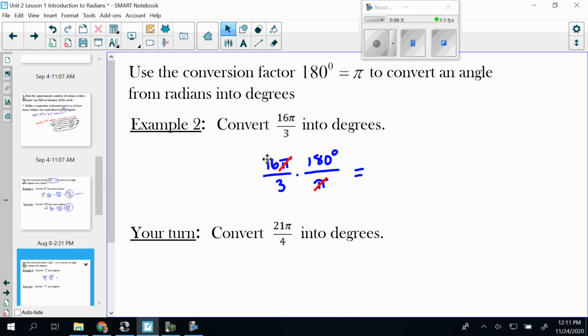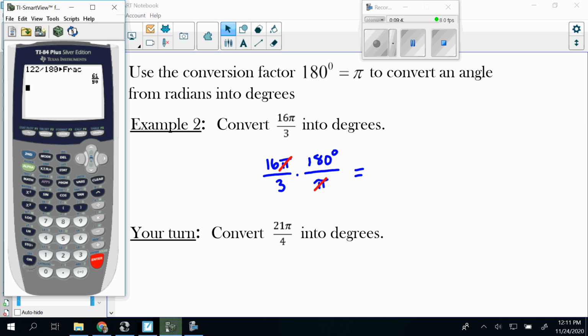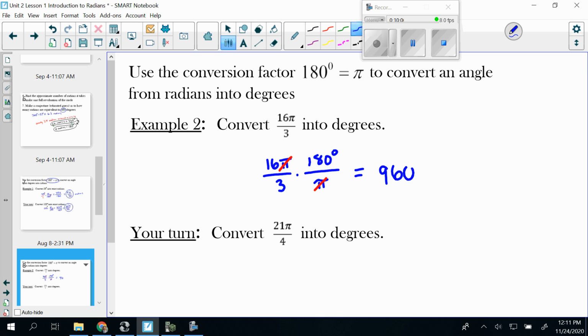Also, if you could see some way to easily simplify, you can do that too. But let's just hop on the calculator here and we can do this. So if we do 16 times 180 and then divide it by our denominator number there of 3, looks like this is going to end up being 960 degrees.